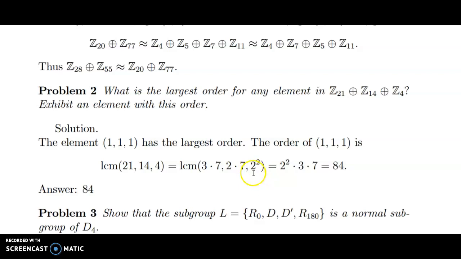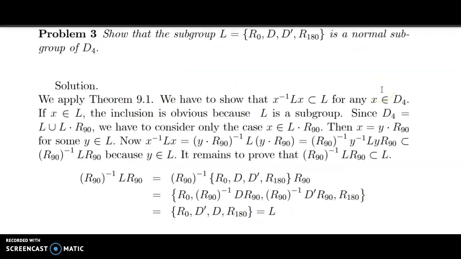The largest prime power of 2 is 2 squared, so it goes in the LCM. 3 to the first is the largest power that appears, so it goes in the LCM, and the largest power of 7 is 7. So the order is 84.